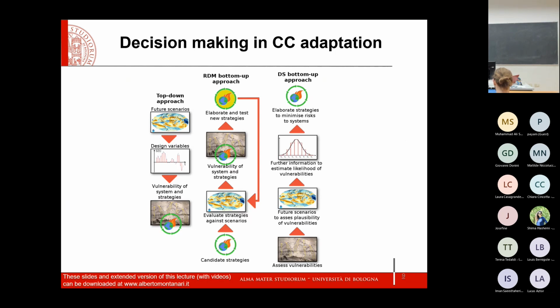This is a graph of the top-down approach and two types of bottom-up approaches, which now I will describe. But let's focus on the left column for now. The left column starts from future scenarios, design variables, and vulnerability of system and strategies.